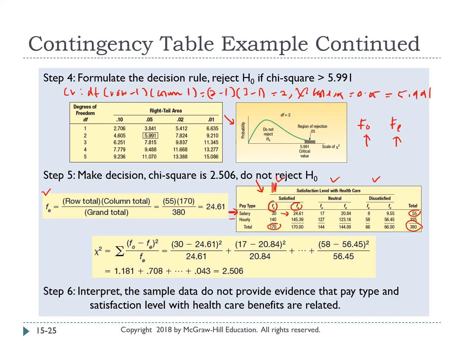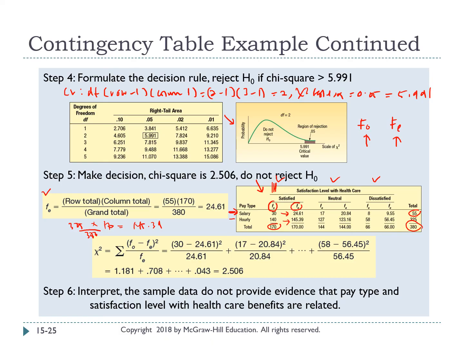Try to compute the second one, 145.39. The formula is row total, which is 325, multiplied with the column total, which is 170, over the grand total 380, and this will give us the value of 145.39. Next, you have to compute the expected frequency for all the observed frequencies, and that's why you have to make another column.